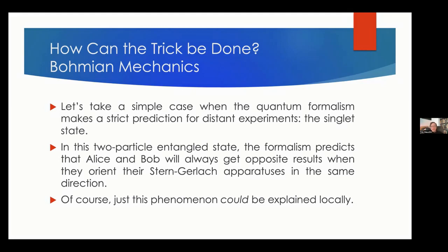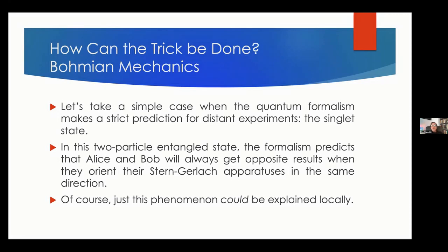One will get one side of the bill and the other will get the other side of the bill. And there's nothing particularly spooky or non-local about that. So this particular phenomenon of perfect anti-correlation could be explained in a purely local way, where there's no spooky action at a distance, as Einstein would have said, going on.